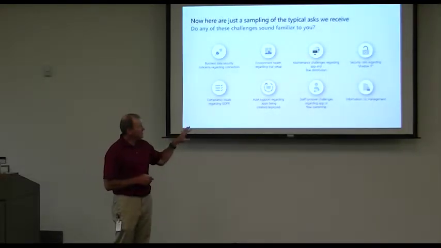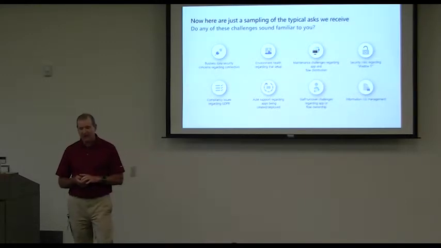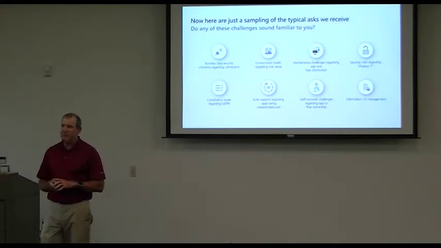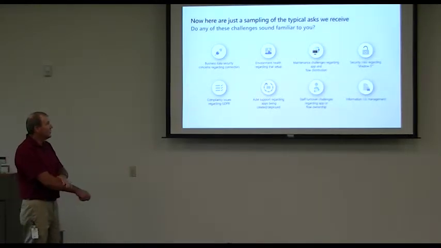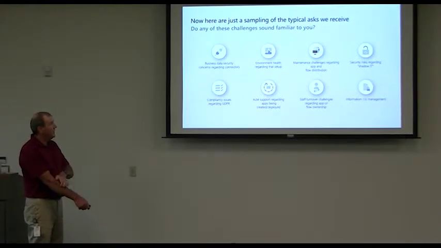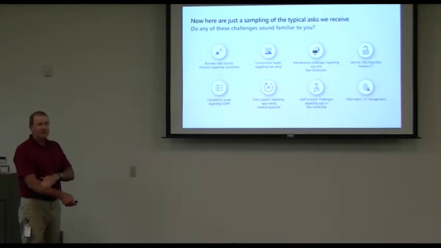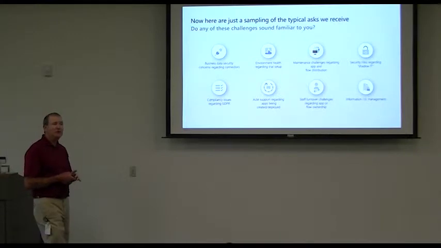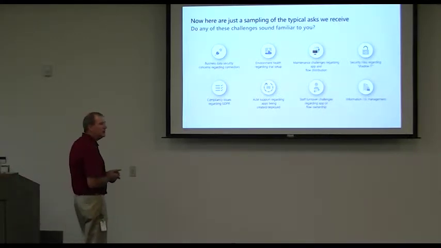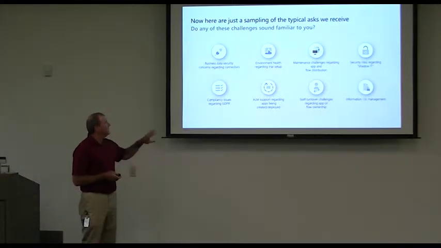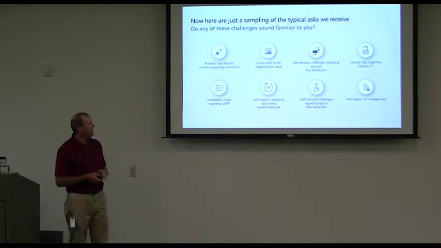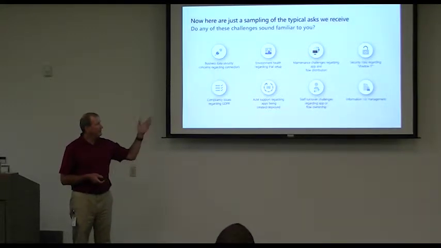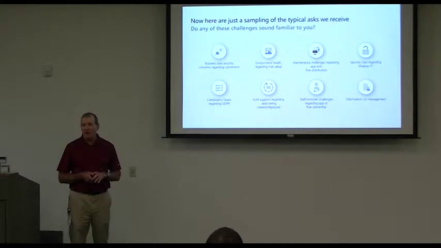So these are just some of the questions that we get asked about governance and about controlling this platform. I'm not going to sit here and read all of them, but just kind of read through them. And these are more than likely some of the standard questions that you will get at your companies when people start using Power Apps. Some of the big things are, obviously data security, security risks regarding shadow IT.